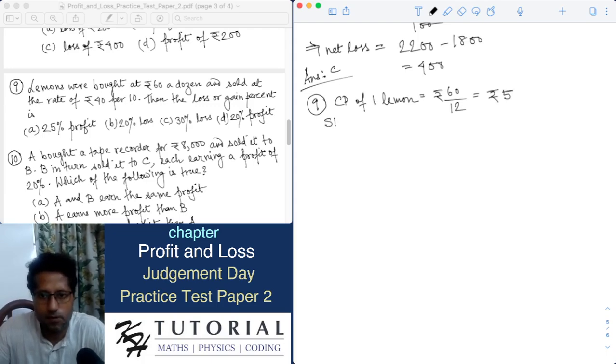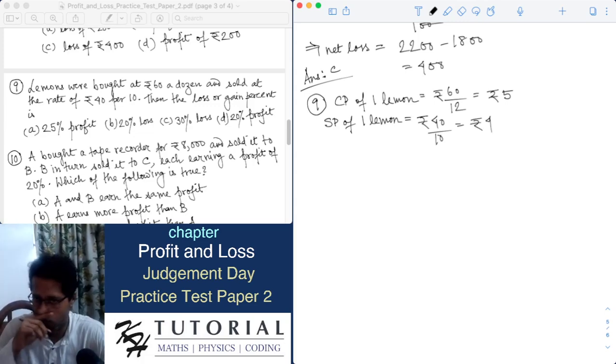Similarly, the selling price of one lemon will be... it is saying sold at the rate of rupees 40 per 10. So the selling price of 10 lemons is rupees 40, so the selling price of one lemon will be rupees 40 divided by 10. This is rupees 4. So we see that the selling price is less.